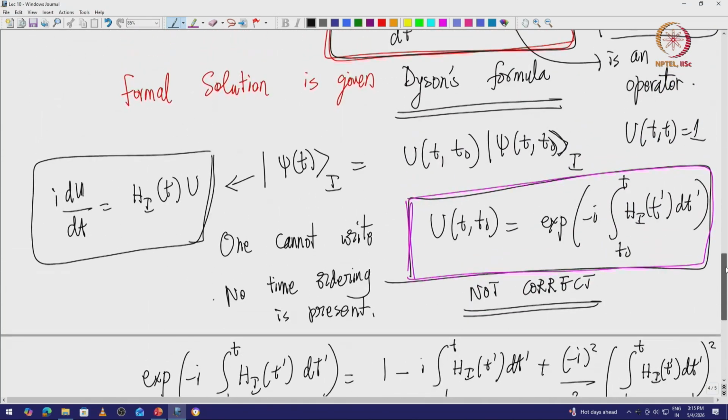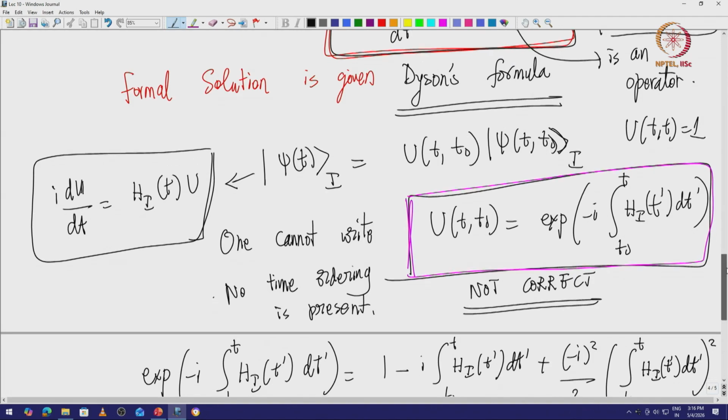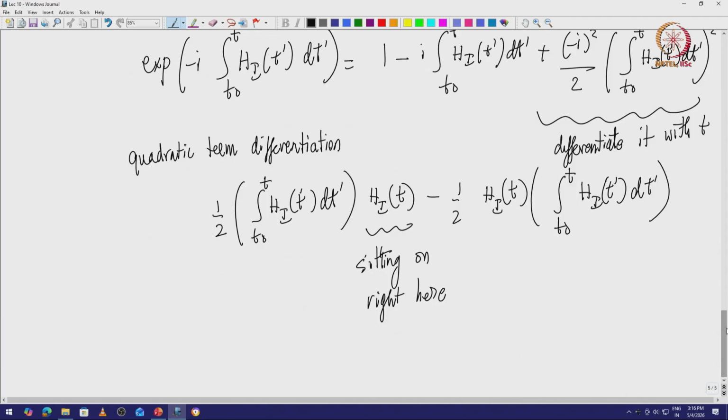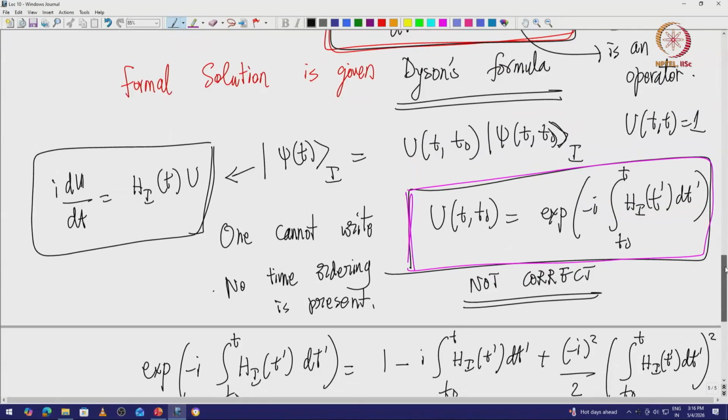If you define the U term to be U of t0 t0, then this should sit on the left of U, but here it is sitting on the right of U. By definition it should sit on the left of U. In other words, it is introducing an intermediate time on the wrong side, beyond the time intervals.